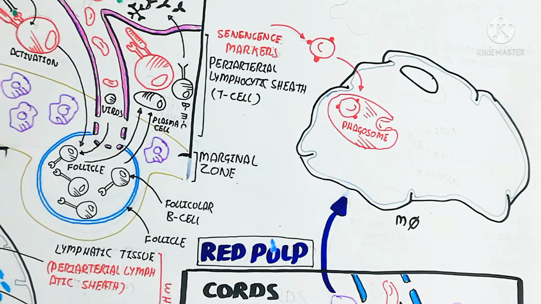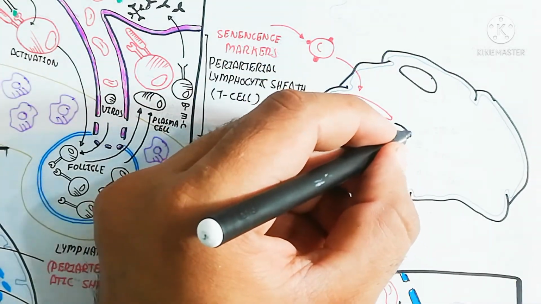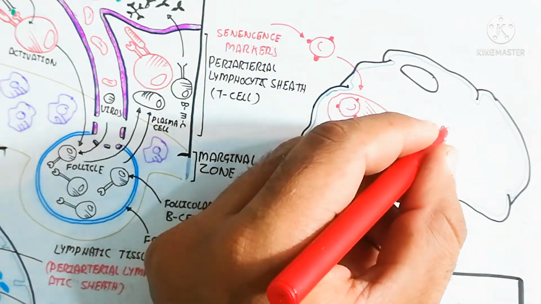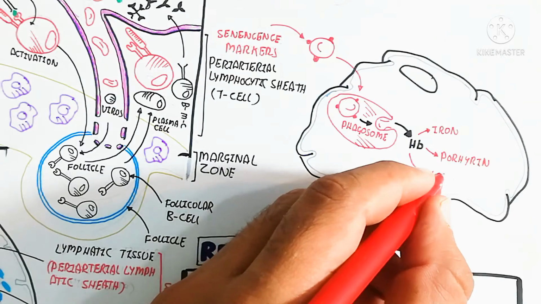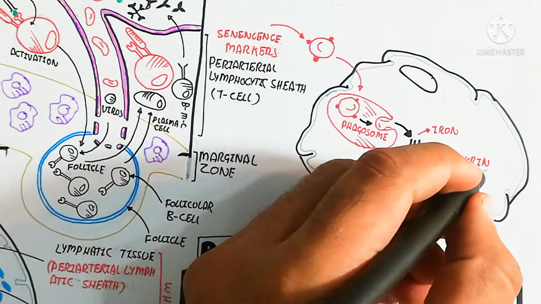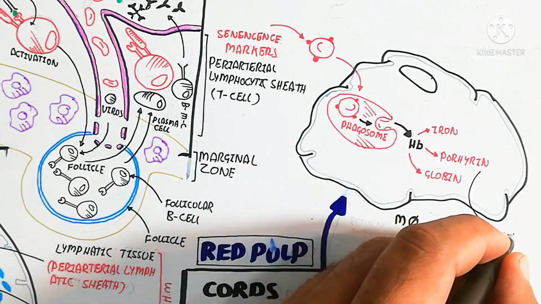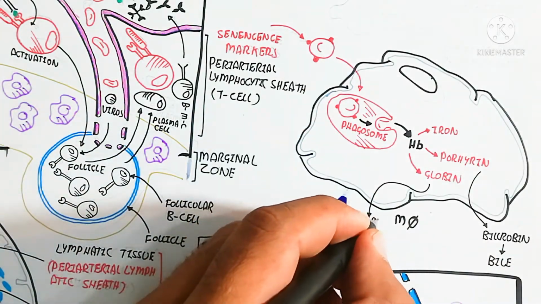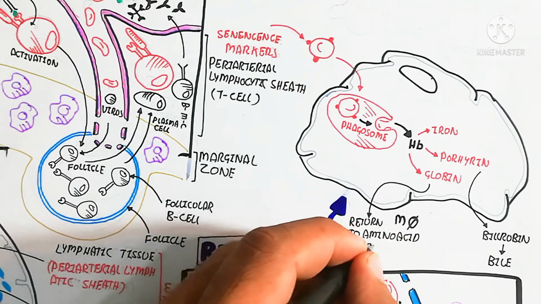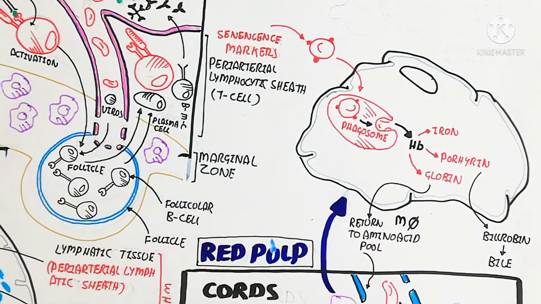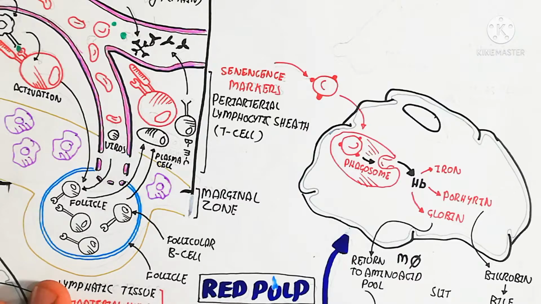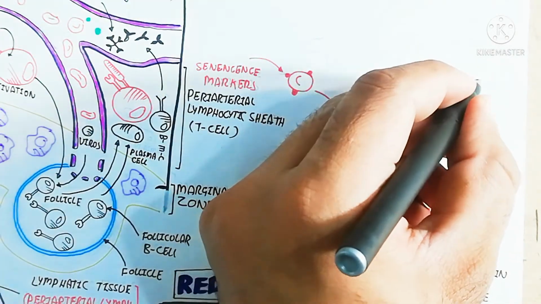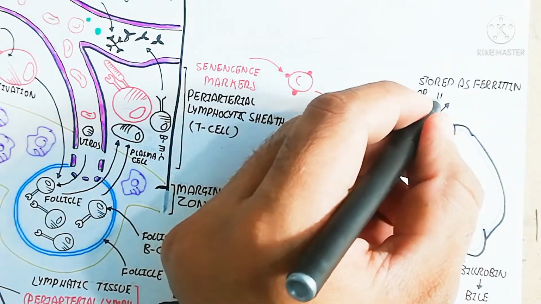The red blood cell goes into the phagosome, and after the phagosome, the hemoglobin dissociates into iron, porphyrin and globin. These three components of hemoglobin: the porphyrin will convert into bilirubin and ultimately bile, and the globin will return to the amino acid pool.